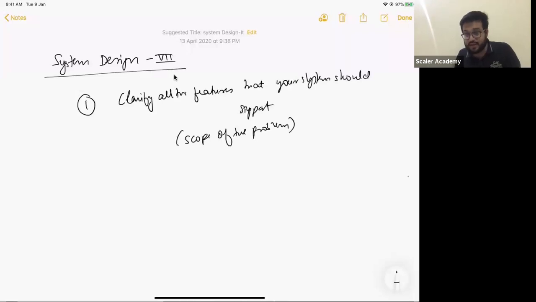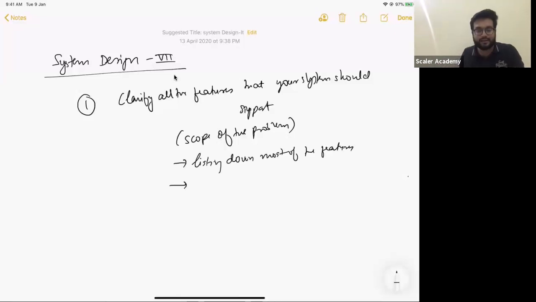And this in itself is composed of 2 steps. Step 1 is listing down all the possible features that you can see that an application can support over a period of time, or let's say listing down most of the features. The second sub part is, out of all the features that you have just listed, selecting a subset of those features which will be a part of your minimum viable product.